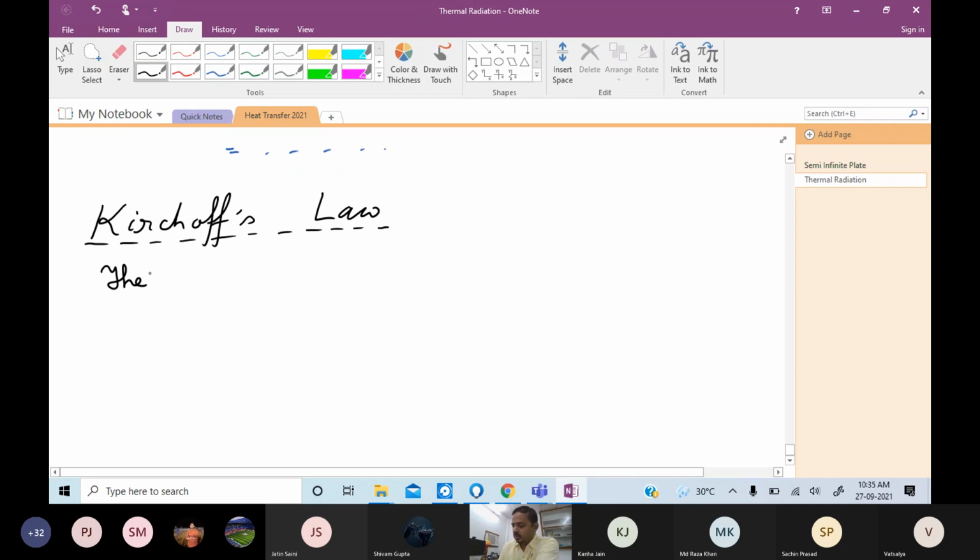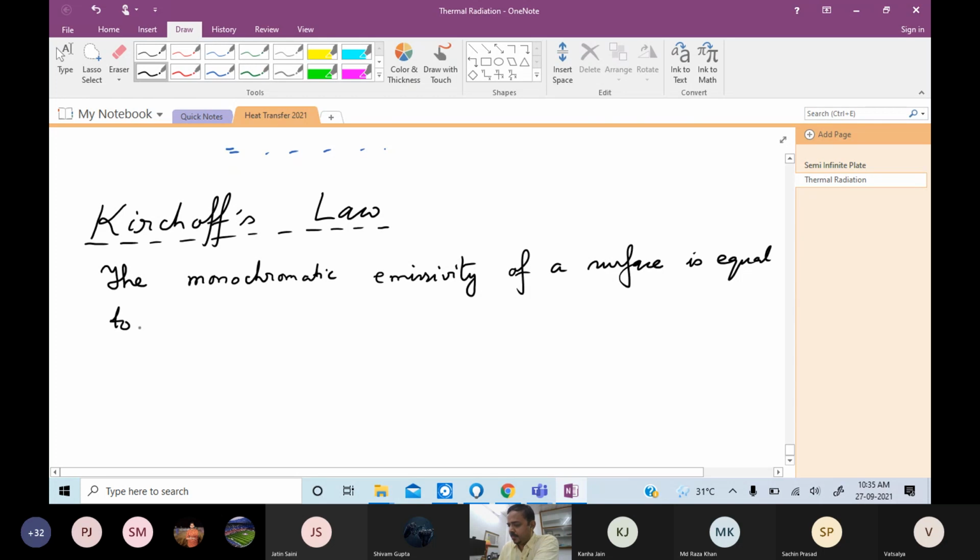But actually, the Kirchhoff's law definition is this: the monochromatic emissivity of a surface is equal to its monochromatic absorptivity. The last part is important.